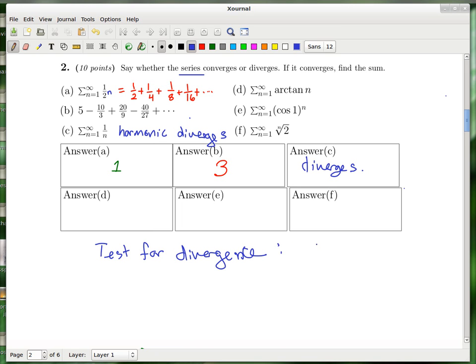It doesn't always work, but when it works, it's great. So you have a_n here, okay? So you know that if the absolute value of a_n does not go to 0, then the series diverges.